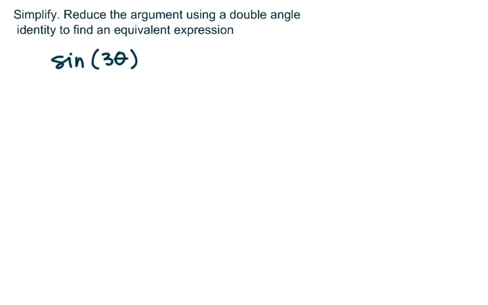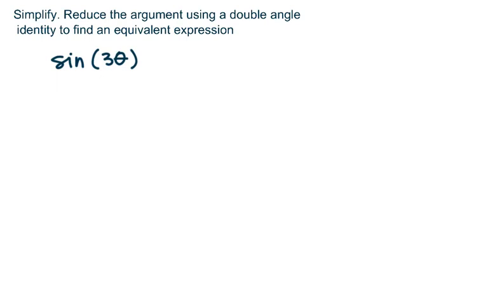In this example, we need to simplify this expression sine of 3 theta. So my argument here is a triple angle. So we're going to use some identities that we know to try and reduce this argument. So I don't like the fact that it's a 3. I would prefer everything to be a single angle in my argument.